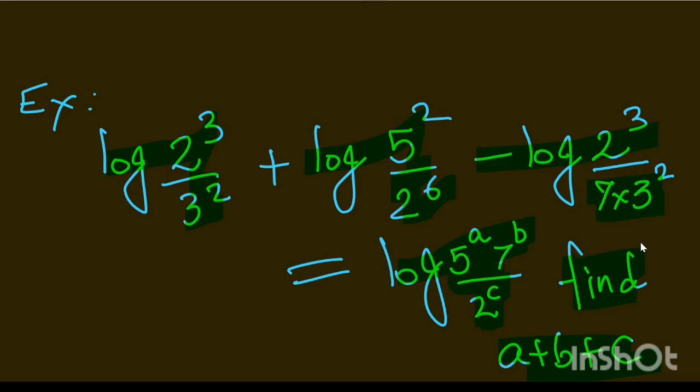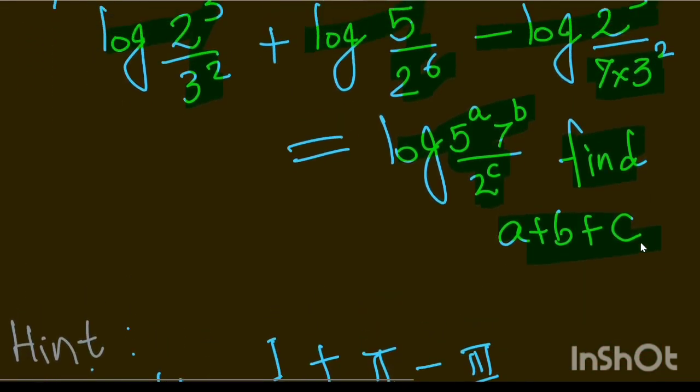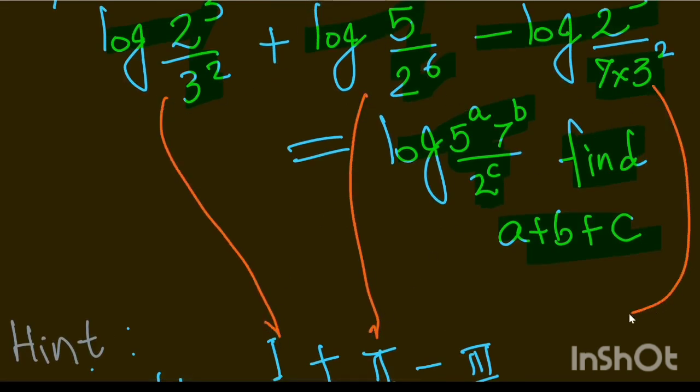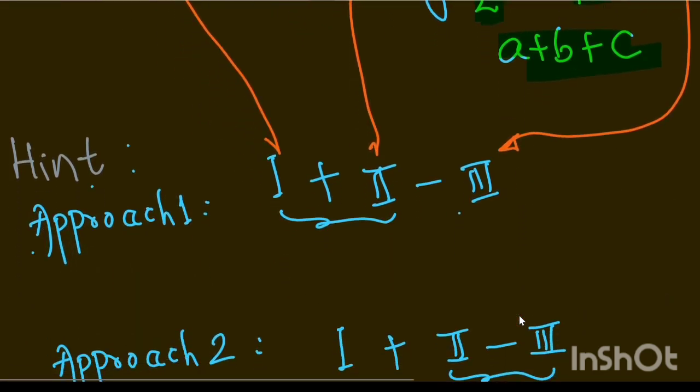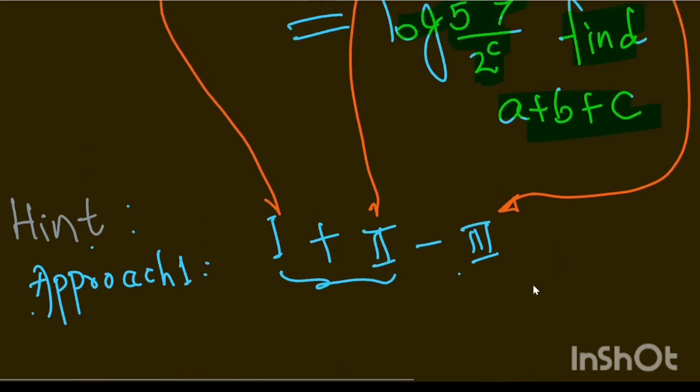So how many ways can we approach this problem? As you can see, let's say this is the first term, this is the second term, and this is the third term. So there are three ways we can approach. We can use two formulas. One formula we have already seen, another formula is log m plus log n is log mn.